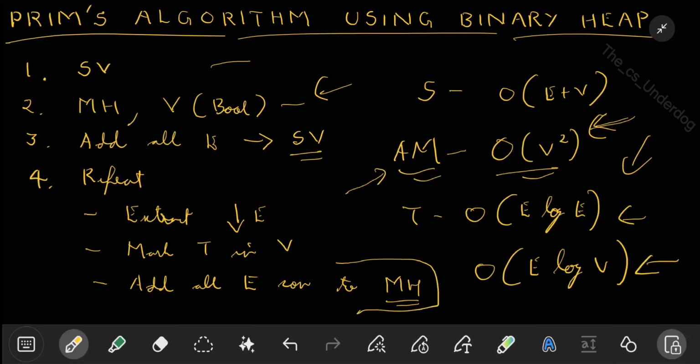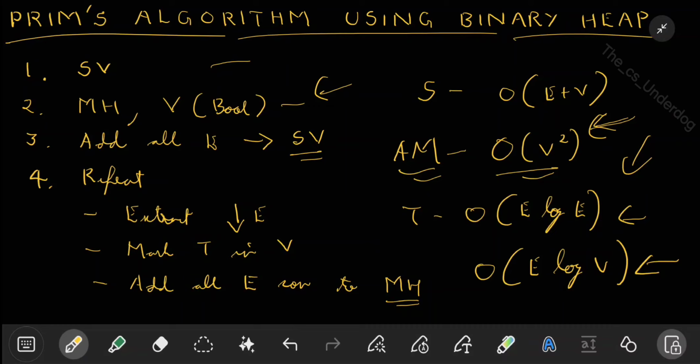Instead, it will take order of E time in total if you consider all the loops, not for each step. If you consider the total time taken for this step in all the loops, it will take only order of E times, and each time whatever operation you do, here it is a log E operation. So because of that, in case of adjacency list representation, order of E log E is much more beneficial.